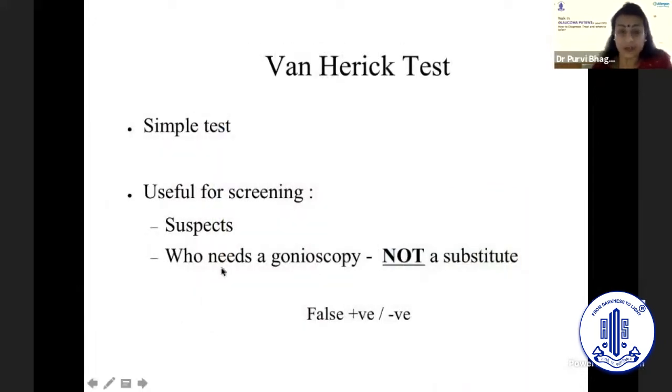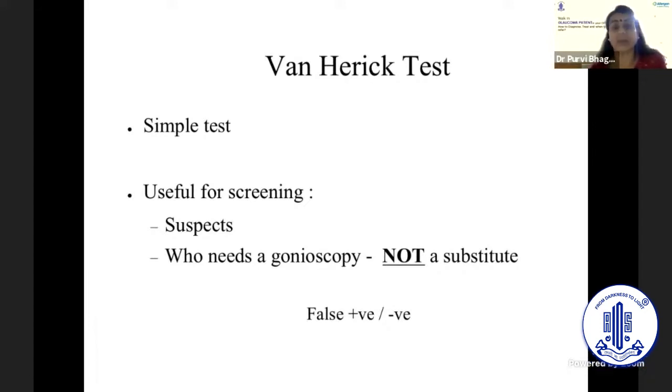Van Herick is very useful for screening, especially for suspects, and to identify who needs a gonioscopy. But it is very important to remember that it is not a substitute for gonioscopy. Don't just classify a case as open angle or closed angle on the basis of the Van Herick test. There could be false positives when you feel that the Van Herick is grade 4, but actually it could be a case of plateau iris.